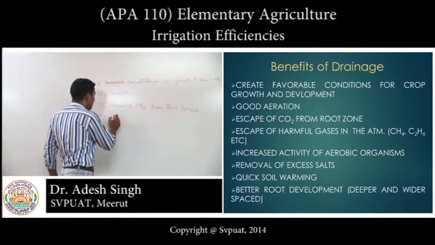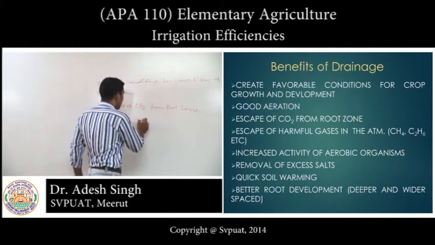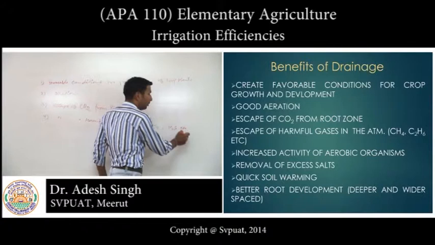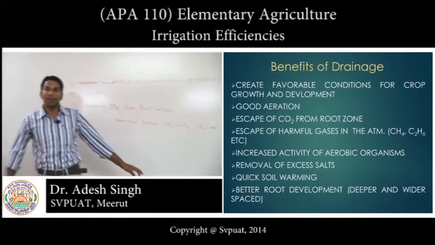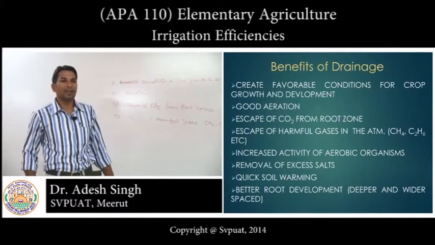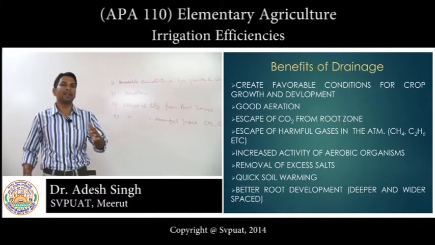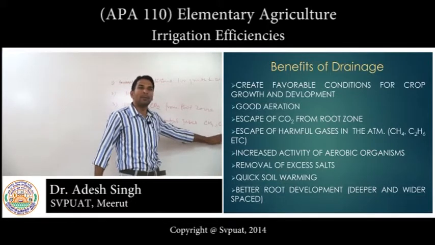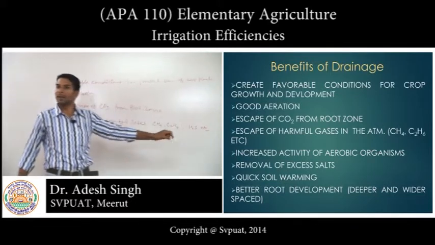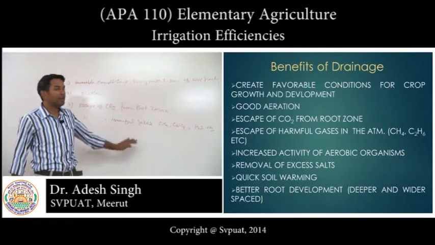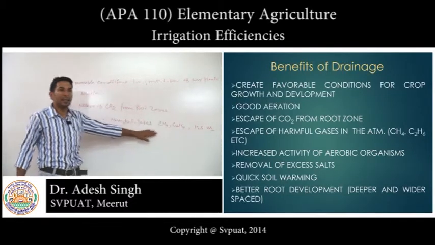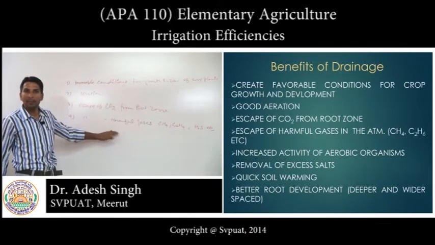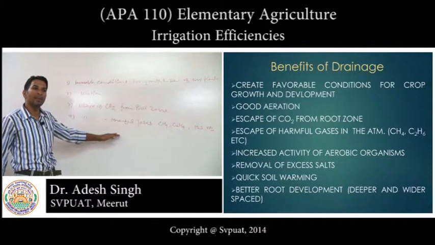Then escape of the harmful gases, like, when reduced conditions are there, meaning when there is excess water available, then the accumulation of methane, ethane and hydrogen sulfide will take place, which will reduce the actual functioning of the roots as well as the microorganisms.